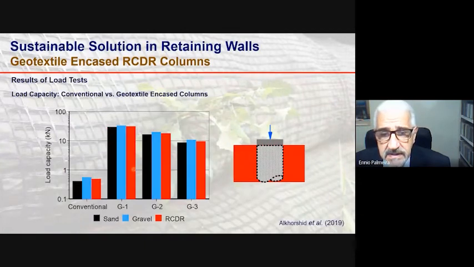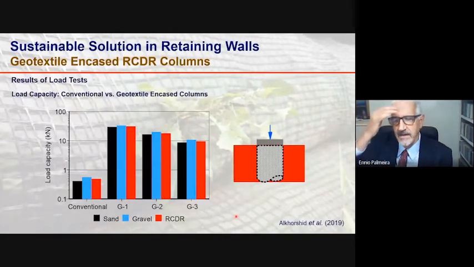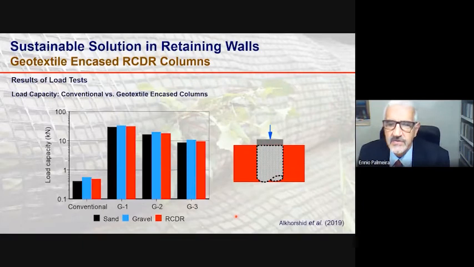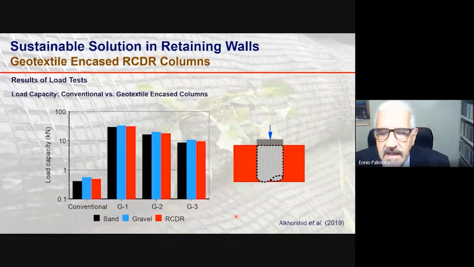But you can see in this graph that the performance of the recycled construction demolition residue as an infill material was very good, with results comparable to the conventional infill material. So the recycled construction demolition residue can also be used as infill material for geotextile encased granular columns for stabilization of embankments on soft soils, for instance.